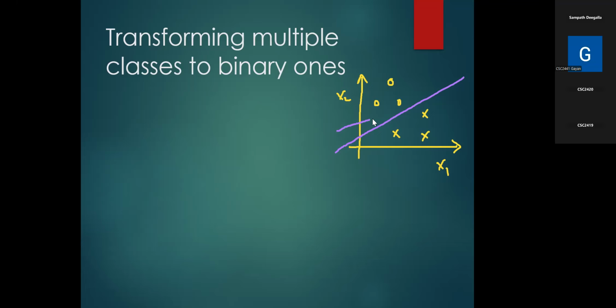The second one, I can separate like this. Third one, I can separate like this. Let me say this is first one, this is second one, this is third one. I have a question for you guys: which one are you going to select? Which one is the best? Is it one, is it two, is it three?